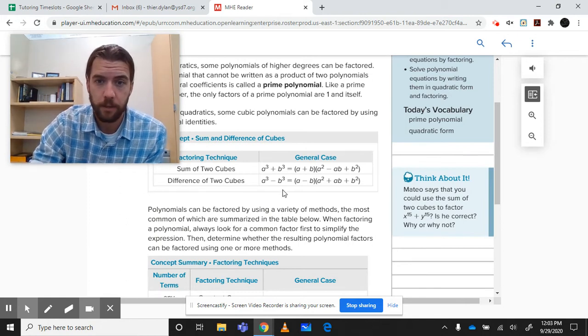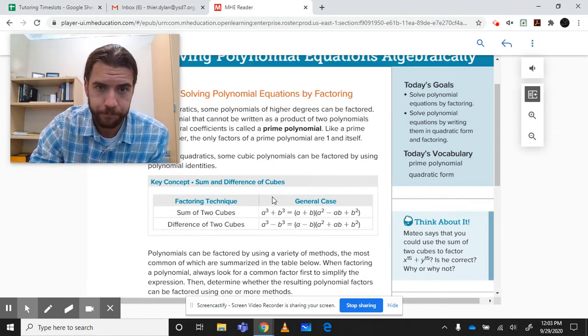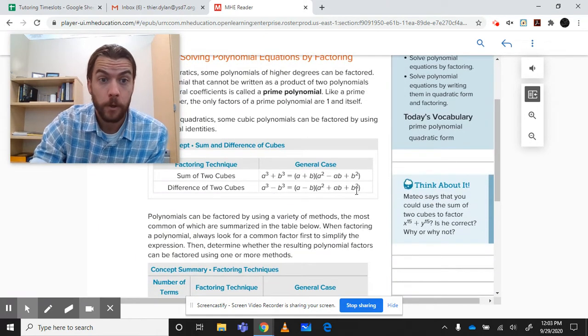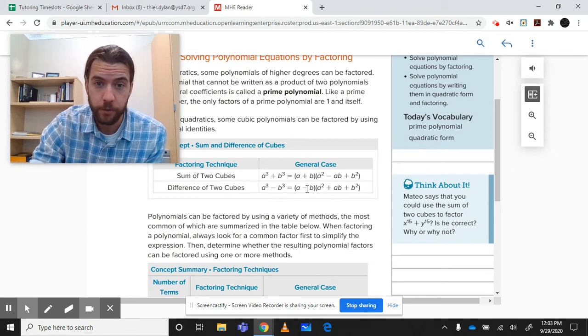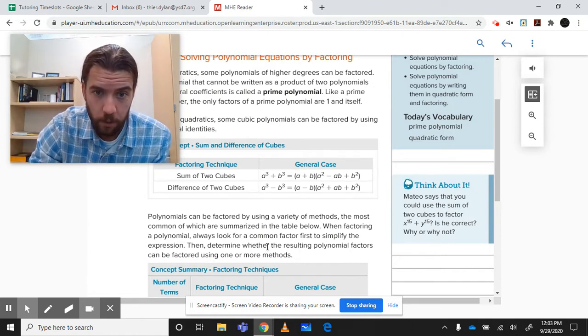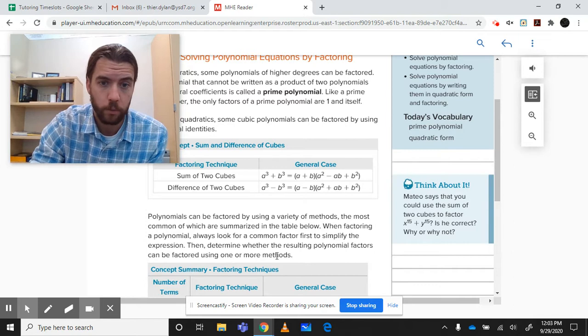For example, with this one, the difference of two cubes, we can use this identity to produce these two factors. The right factor could possibly be factored further. That's what they're saying when they say whether the resulting polynomial factors can be factored using one or more methods.